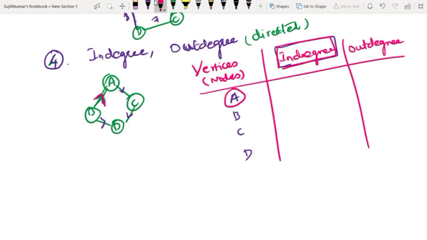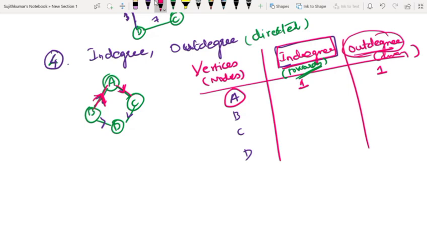On vertex A, there is only one edge coming inward, towards A, so the in degree is 1. Out degree is the number of edges that are going outwards, away. One arrow goes away here, so out degree is also 1 for A.